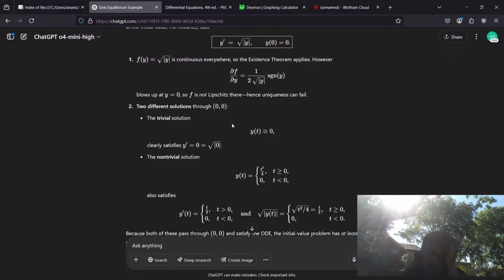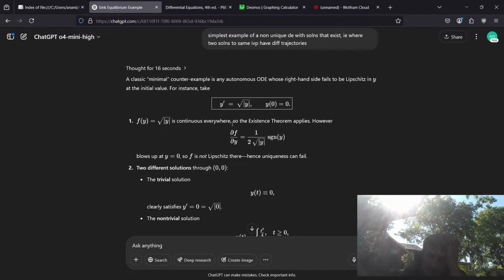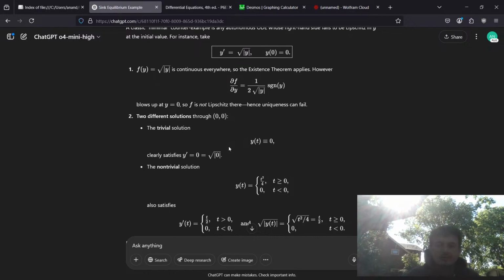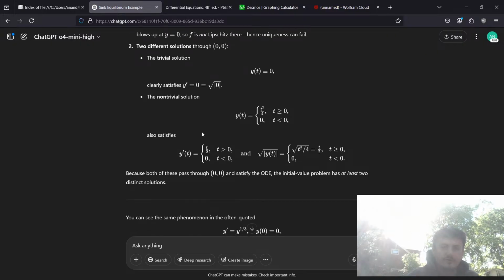Wait, what? So wait, hold on. Let's read it. Two different solutions through 0, 0. You have the trivial solution, which is the steady state, the fixed point, the equilibrium, whatever you want to call it.